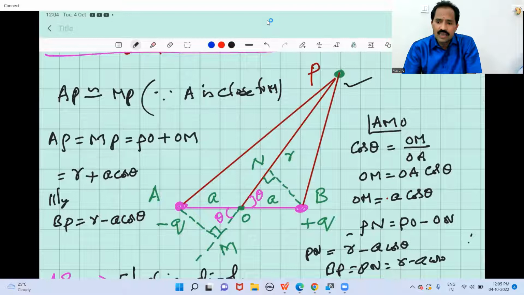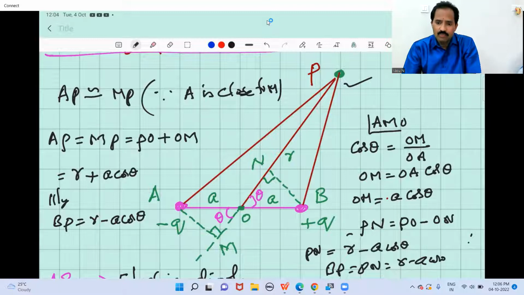The adjacent side is OM and the hypotenuse is AO or OA. Therefore OM is equal to OA cos theta. OA is nothing but small a, because the length of the dipole is 2a. So the distance between the midpoint and one of the charges is a. Hence OM is equal to a cos theta.